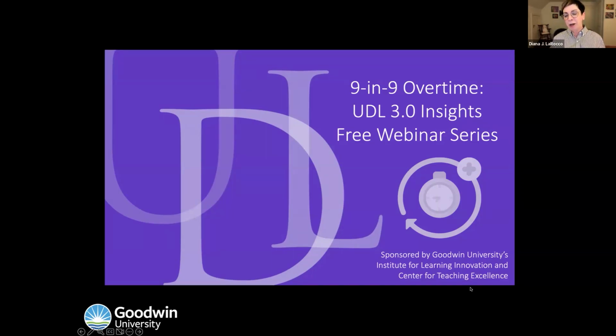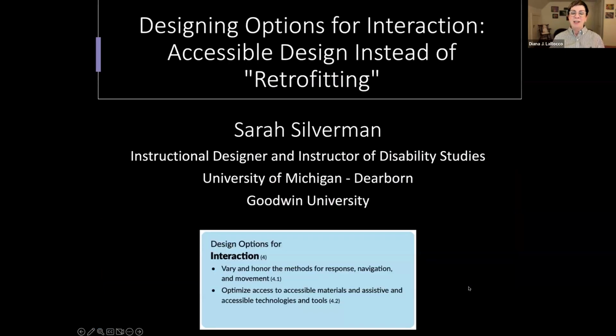We are incredibly fortunate today to have with us Sarah Silverman, who also happens to adjunct at Goodwin University, so it's one of our own, and we're just delighted to have her here. She is going to talk about UDL design options for interaction, that guideline, which is under the action and expression principle in the Universal Design for Learning framework.